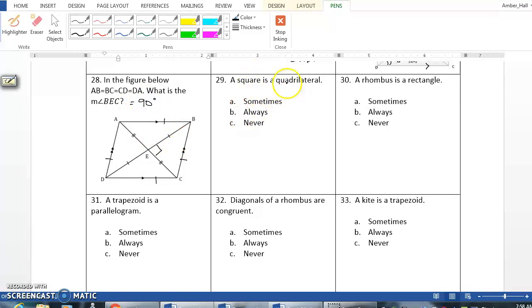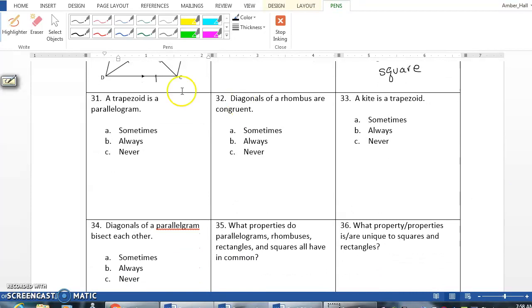A square is a quadrilateral, always. A rhombus is a rectangle, sometimes, when they are squares. A trapezoid is never a parallelogram. Parallelograms have two pairs of parallel sides.